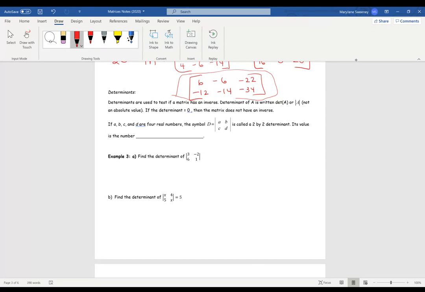Okay, so here's how you do the determinant of a 2 by 2. AD minus BC. So you basically multiply along what they call the main diagonal. The main diagonal is the diagonal from the upper left to the lower right. So you'll often hear me say main diagonal minus other diagonal. So the main diagonal is the AD minus the other diagonal product is BC.